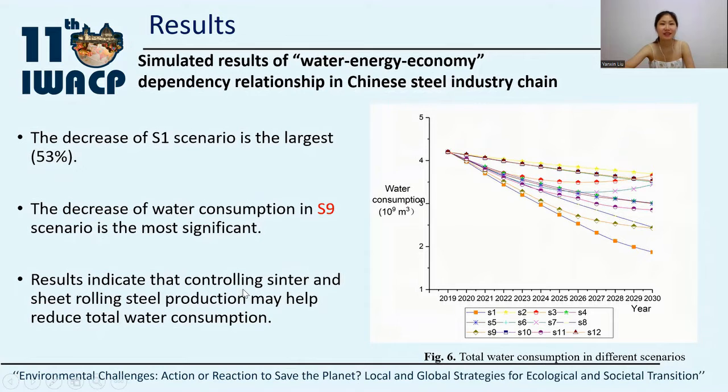The second part is the simulated results. Figure 6 shows the total water consumption in these scenarios. And we could see that the decrease of water consumption in scenario 9, which is this orange line, is the most significant from 2019 to 2030. And this result indicates that controlling sinter and shear rolling steel may help people reduce the total water consumption in China.